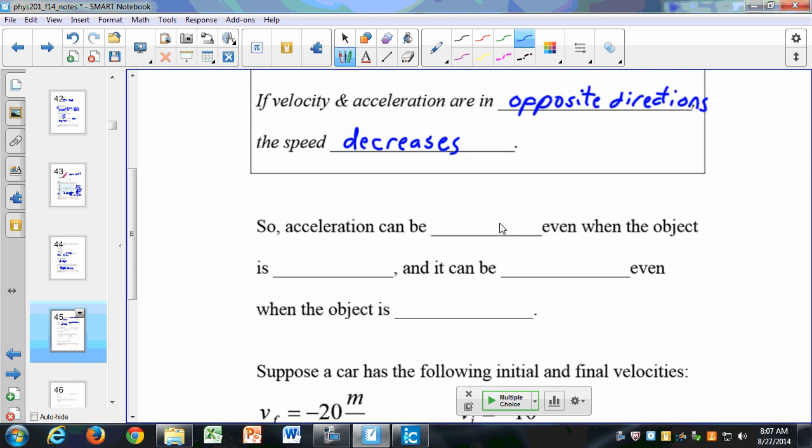So acceleration can be negative, even when the object is speeding up. And it can be positive, even when the object is slowing down.